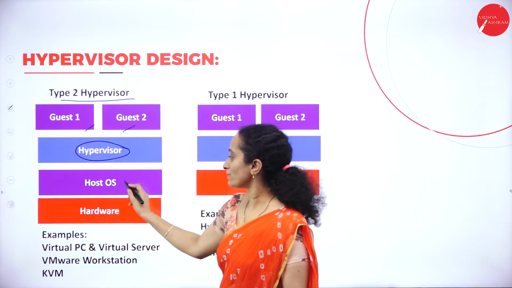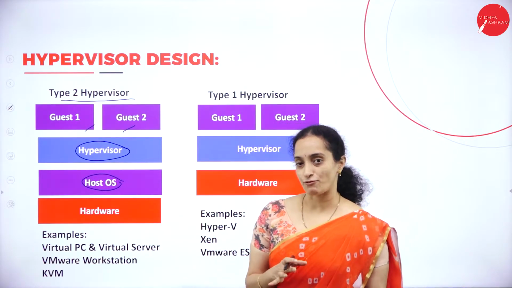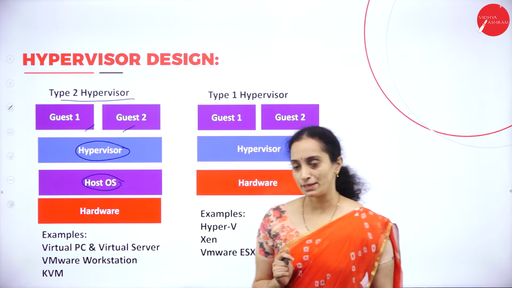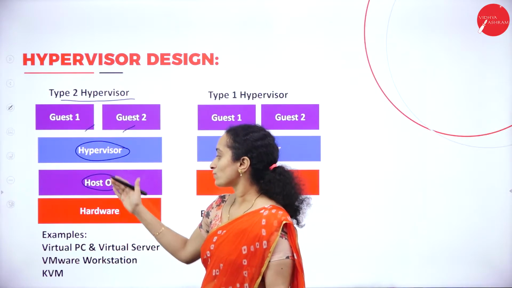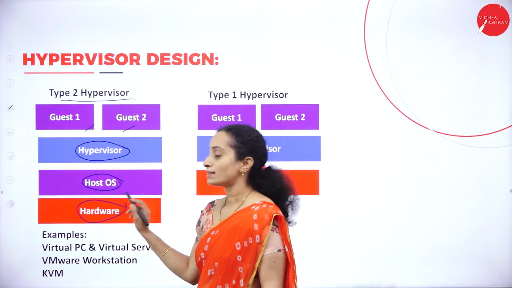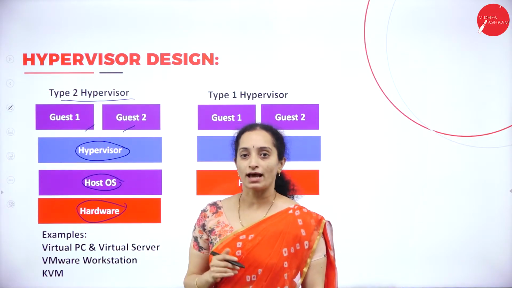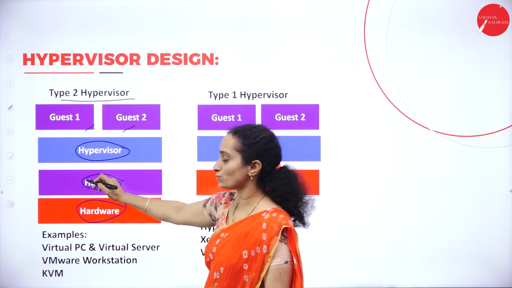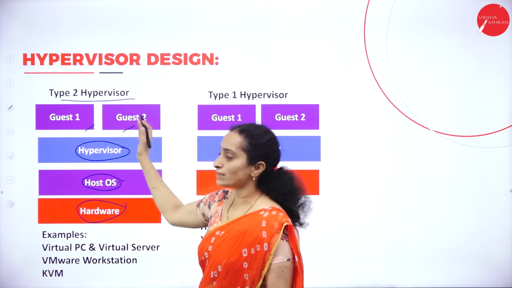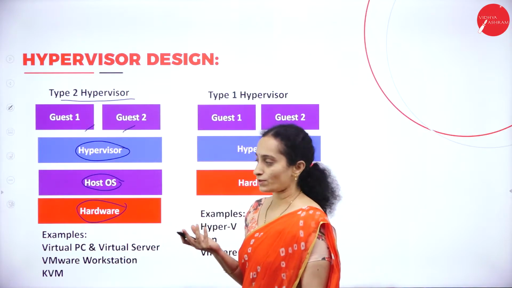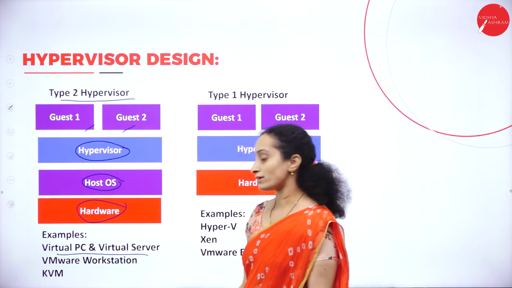If you have a host OS for the platform or application software, there will be a host operating system as well as the hardware connected with the hypervisor, which helps interaction of the instances of these two with the clients or the guests. Examples can be taken as virtual PC or virtual server.